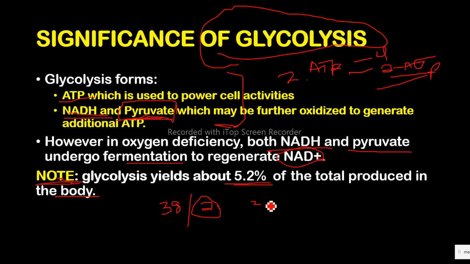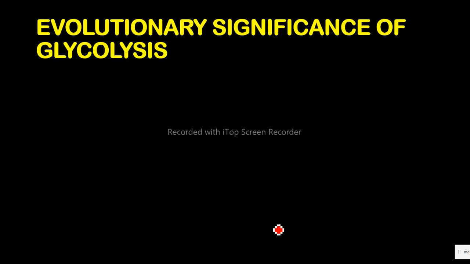So if you get your 2 out of the total 38 that is produced by the entire respiration, then times 100, you should be in position to come up with the 5.2%. And we are going to account for ATP, by the way, so just be calm.